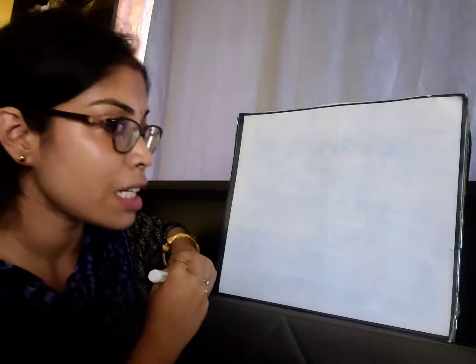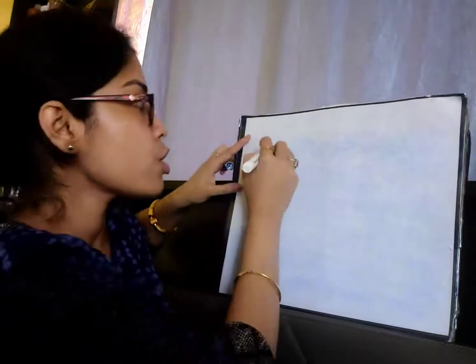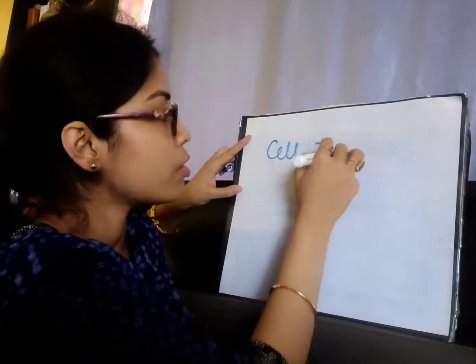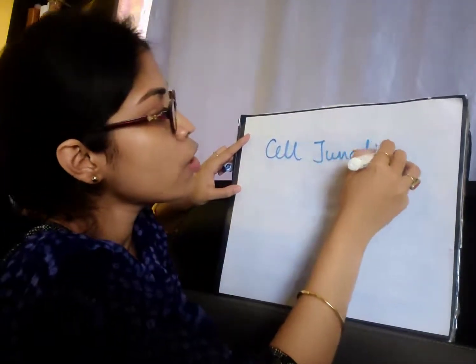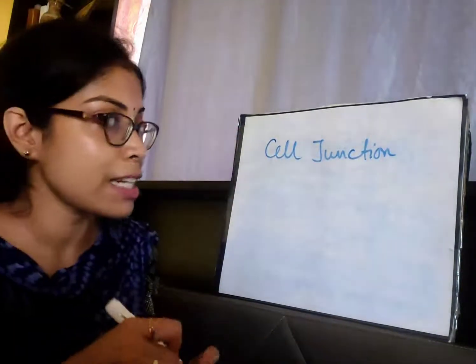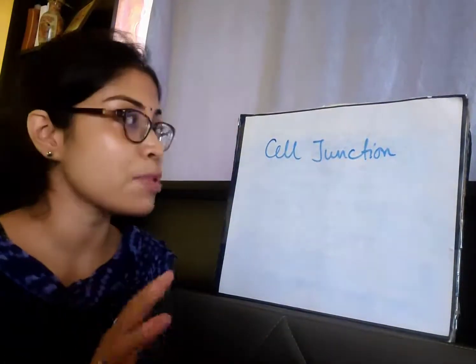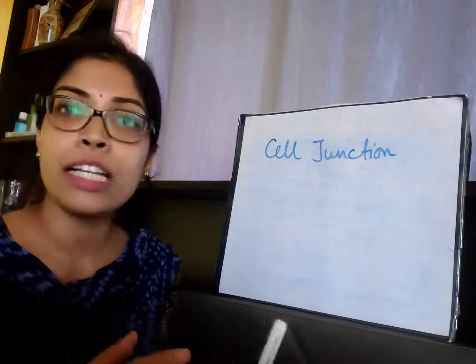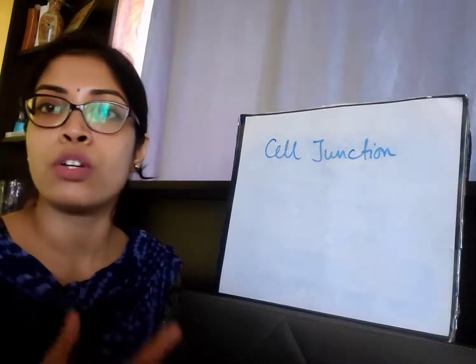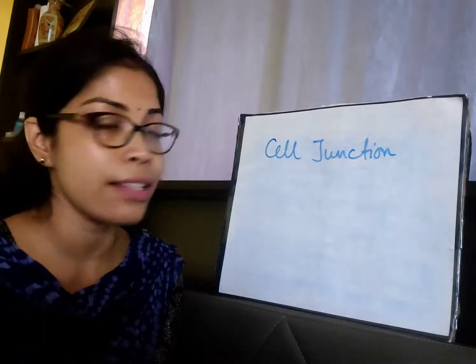So before going into cell wall, I would like to talk about another very small topic, which is known as cell junction. From the name only you can understand it is a substance that acts like a junction between two cells or two adjacent cells.